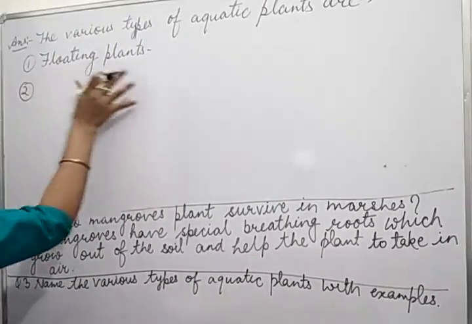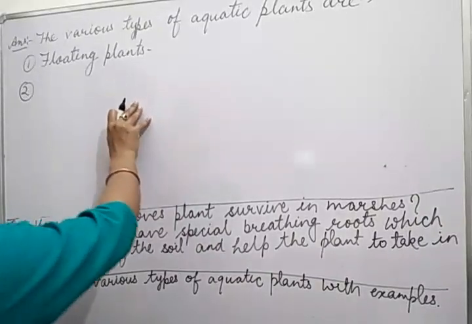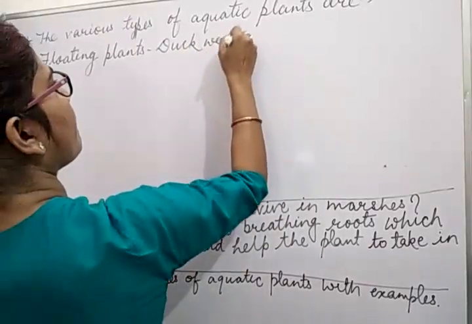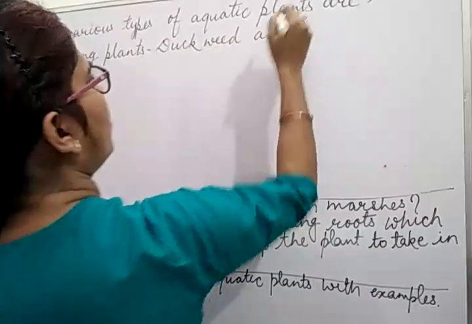We will write the example of floating plant. What are the examples of floating plant? Duckweed and water hyacinth.